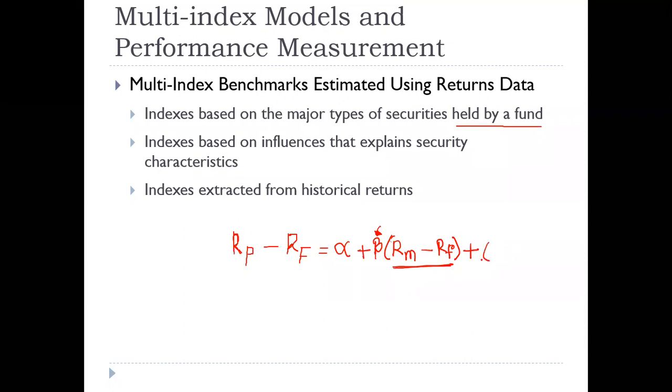So if it is beta 1, you can say beta 2, and we can write here the return for small stock over the risk-free rate.